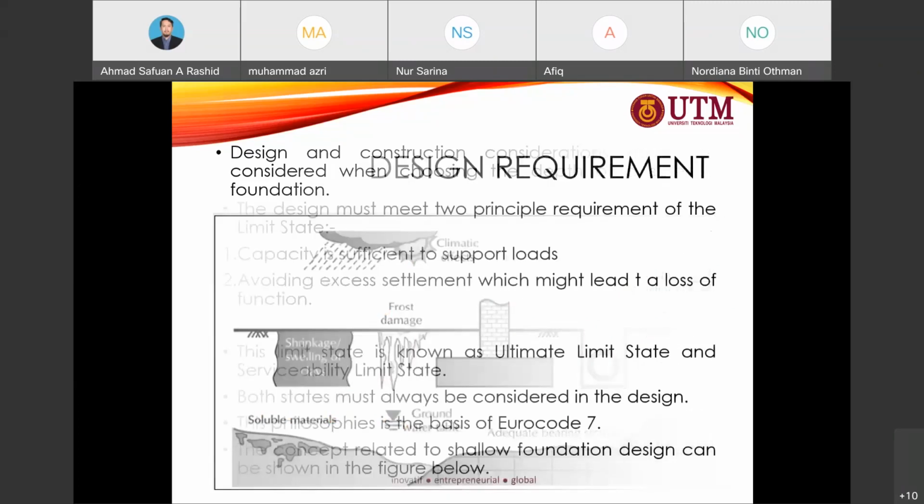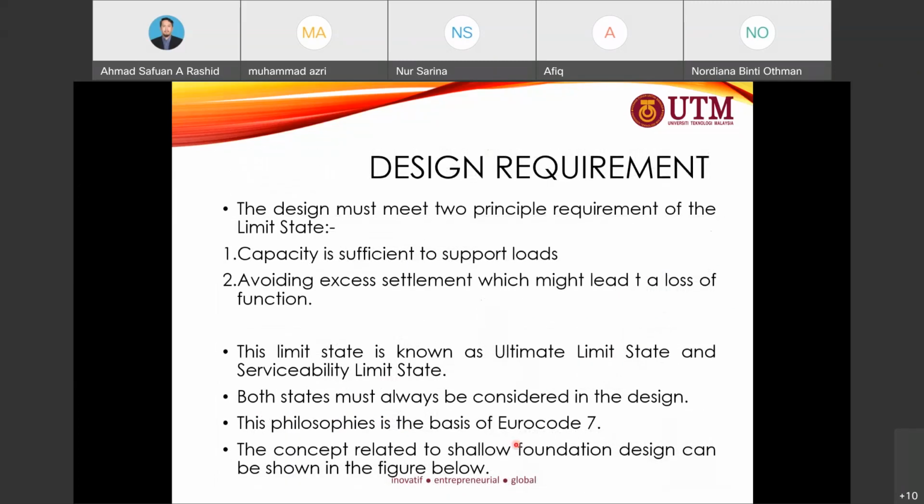So design requirement: the design must meet two principal requirements of the limit state. Capacity sufficient to support the load, and avoiding excess settlement which might lead to a loss of function. I guess it is similar to what we have discussed in the introduction part.